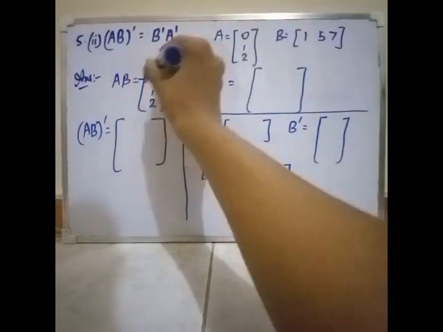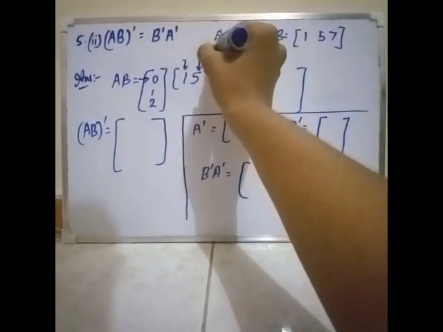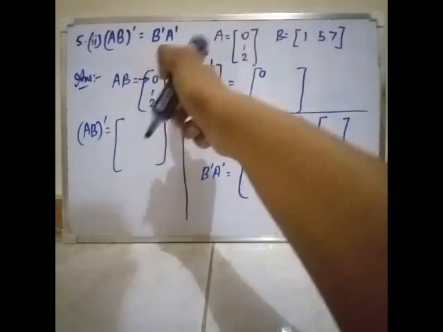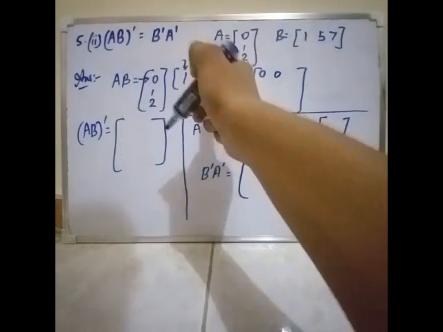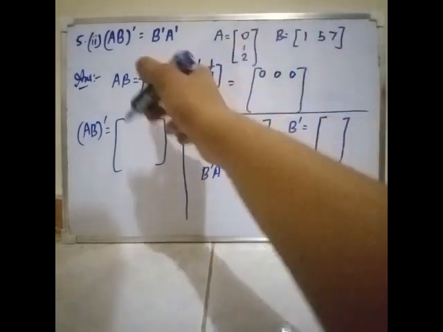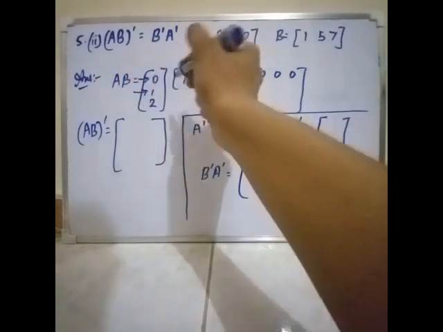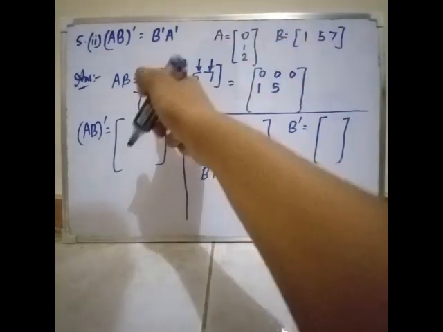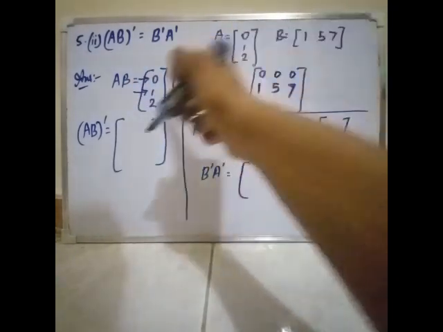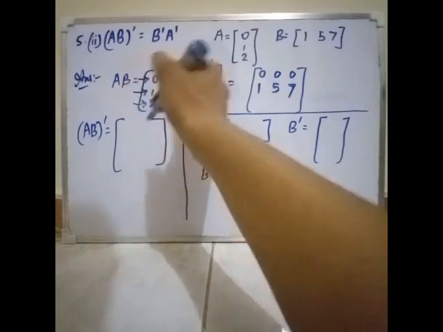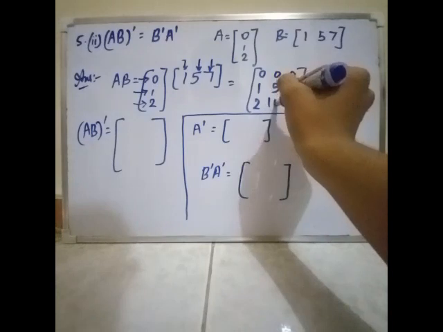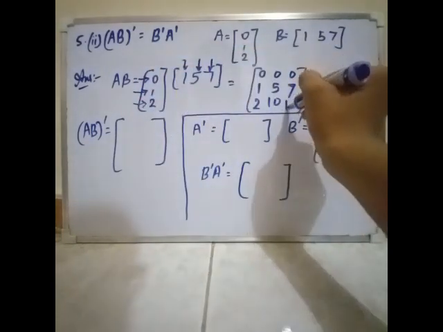So first row with each column will give each element, right? 0 times 1 would be 0, 0 times 5 would be 0, and 0 times 7 would be 0. Now second row with each element, 1 times 1, 1 times 5, 1 times 7, right? Now third row with each column, 2 times 1, 2 times 5 and 2 times 7.